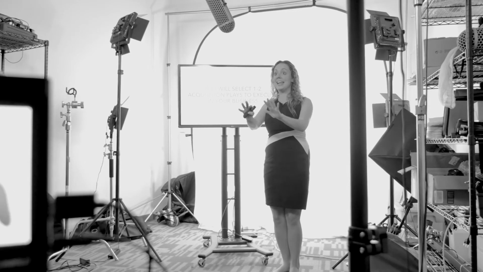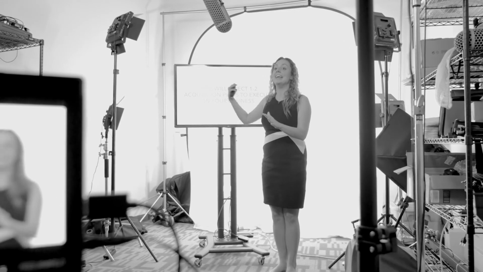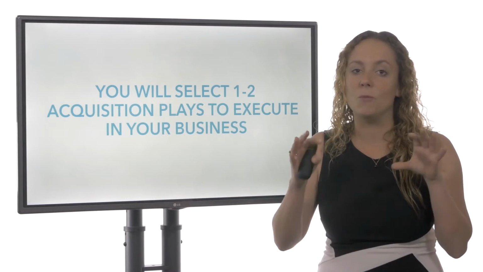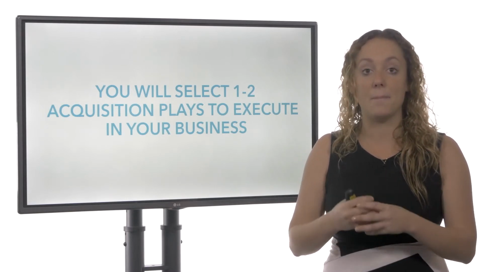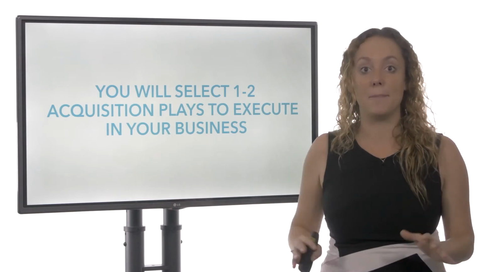And by the end of the module, you're going to be able to pick out 1 or 2 acquisition plays that you actually want to deploy. But again, we're not going to deploy it until Module 5. We're just gonna go ahead and pick them out and make sure we have all of the assets that we need to deploy your acquisition campaign or acquisition campaigns.